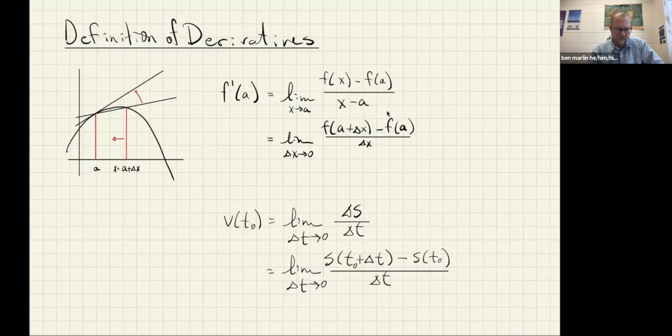Okay, so our definition of derivatives, I want you all to think about this graphically. You have some particular x value, and you want to think about changing your x a little bit. So we are going to take f of x minus f of a.